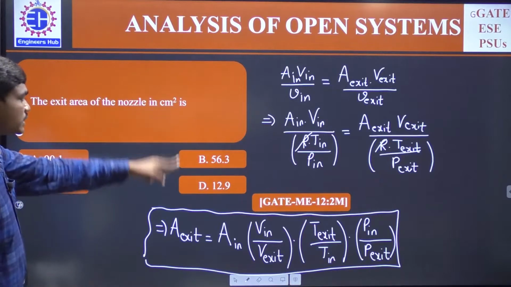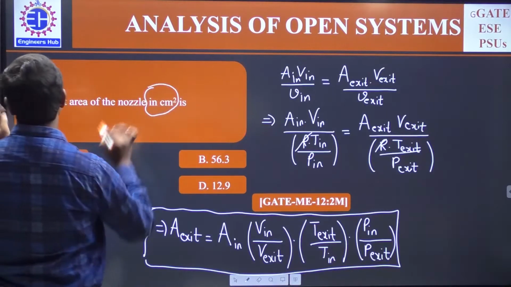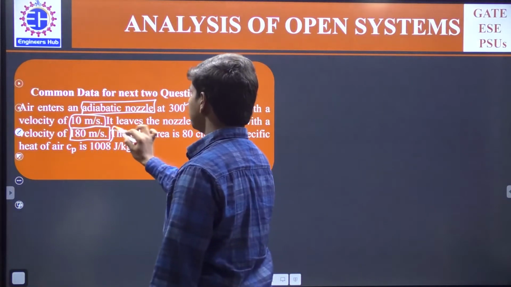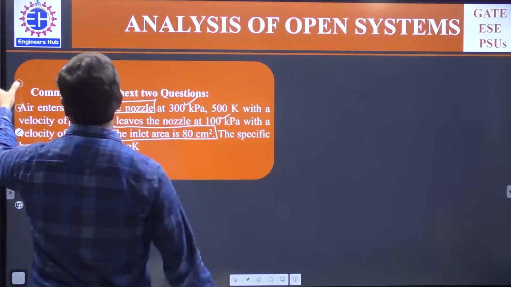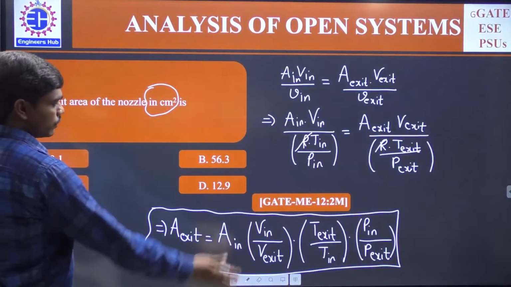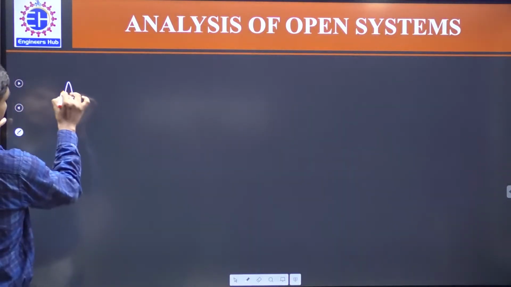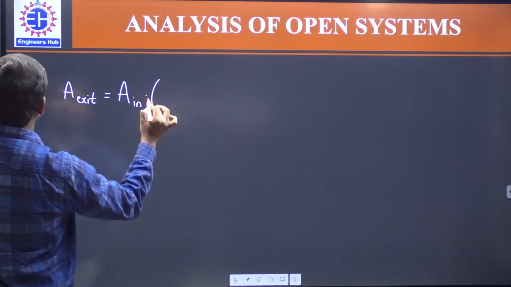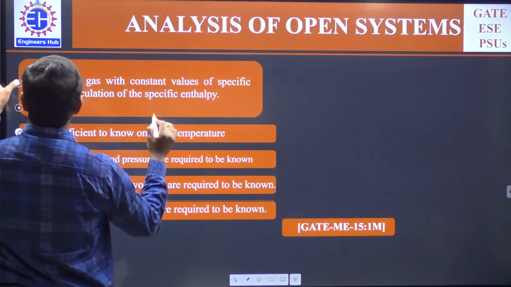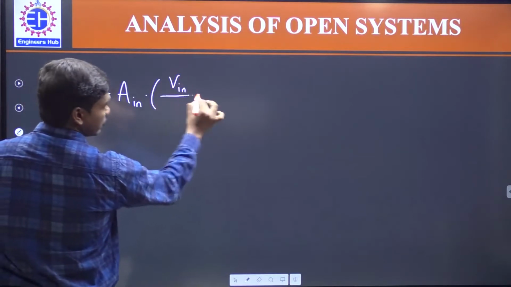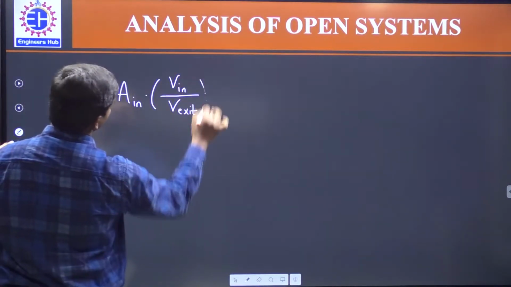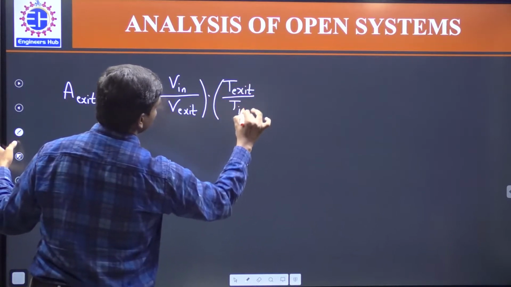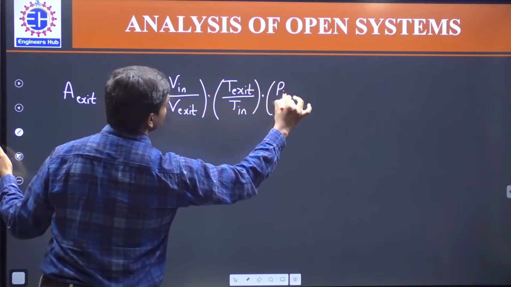Options are given in centimeter square, and the inlet area is also given as 80 centimeter square, so let us not disturb the units.